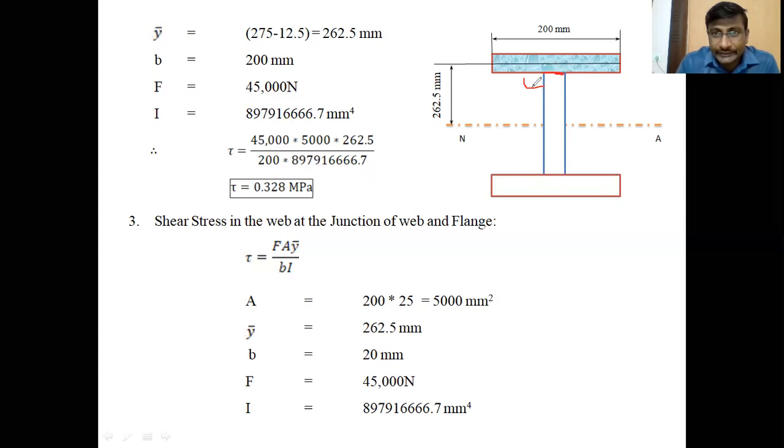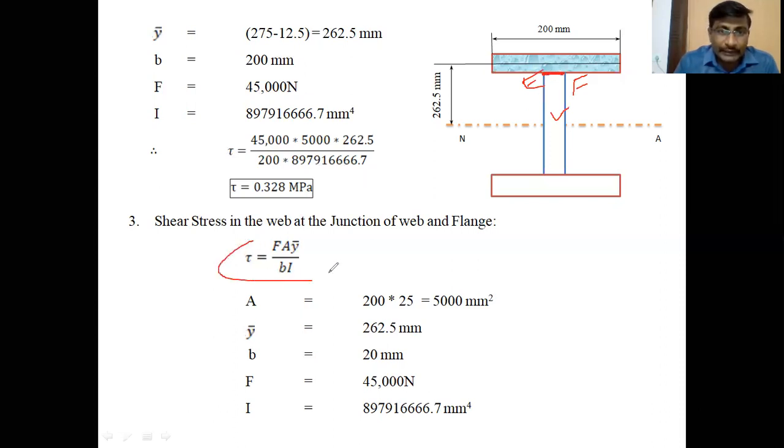Now this point is E and this point is F. So the EF layer is from this place to this place. Whenever you calculate the shear stress in the web, you should take the layer at this point, EF.